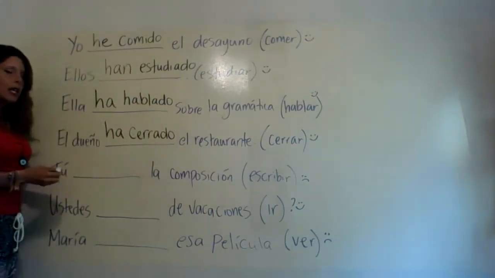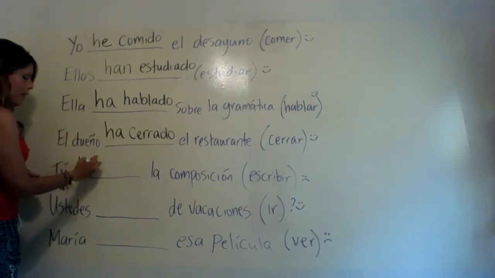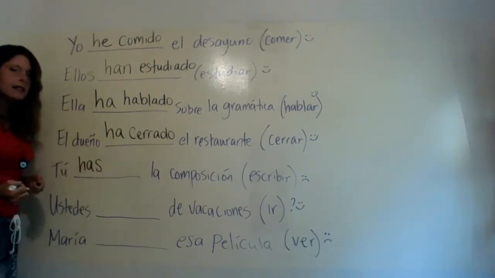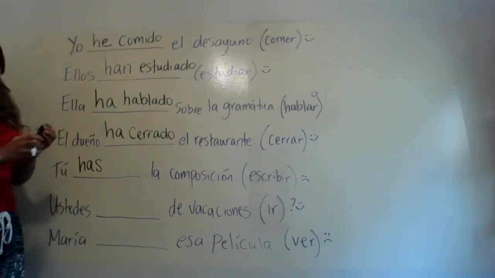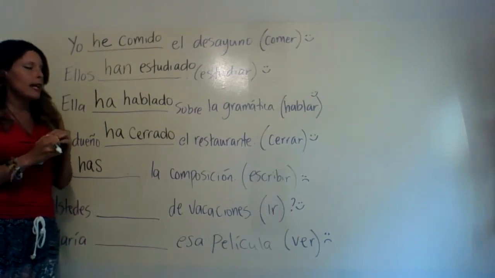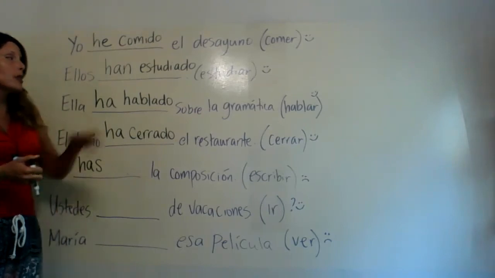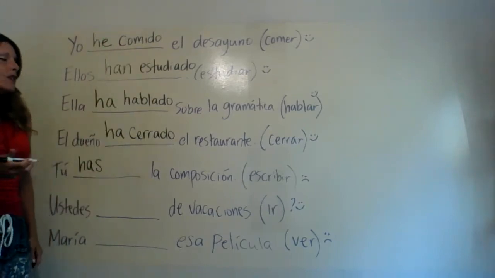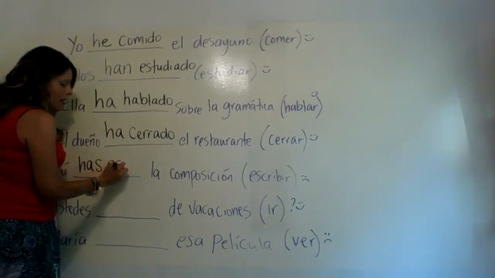Tú is the subject, so my appropriate helping verb is going to be has, H-A-S, and then if you have already memorized it, you will know it, and if not, I will fill it in for you. Just make a note to yourself that escribir is one of the irregular participles, so it's not going to follow the same pattern as the rest of our participles, and after you memorize it, you will remember that it is escrito.